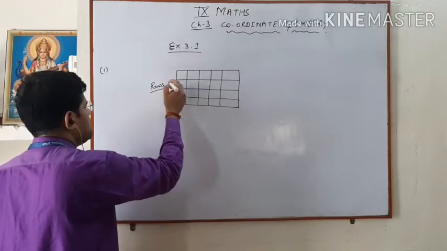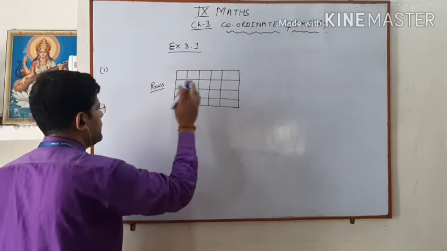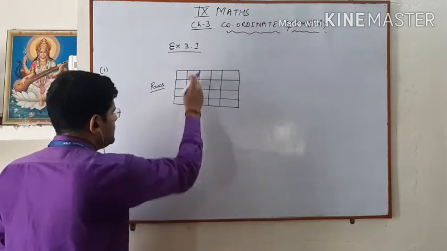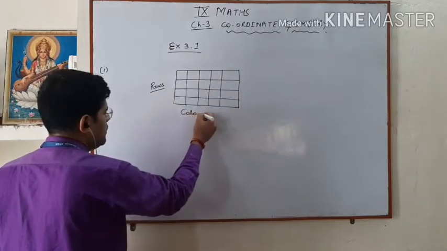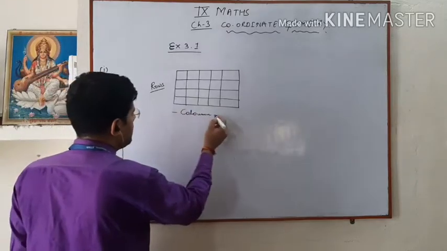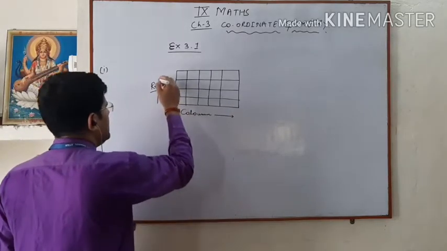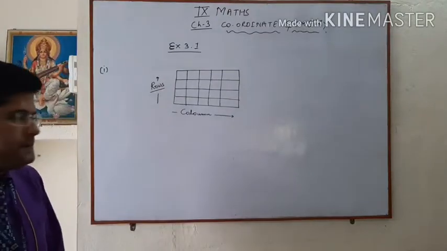These are known as rows, 1 row, 2 row, 3 row, 4 row. And this one is known as the column. By this row and column method, I will describe the position of the table lamp on the table.